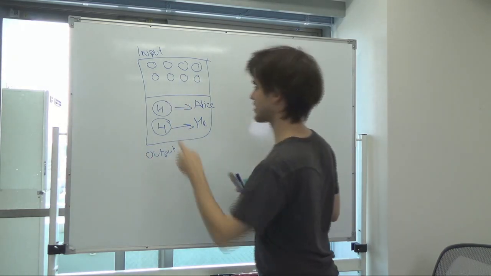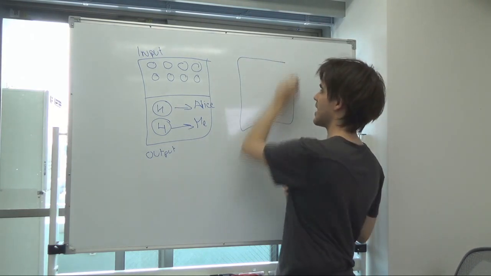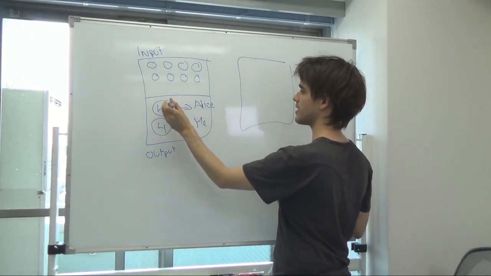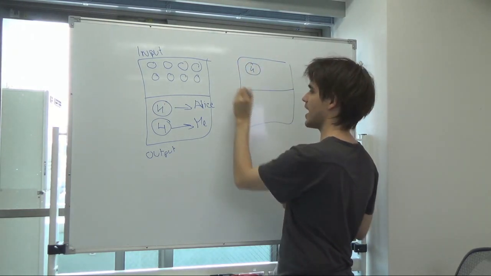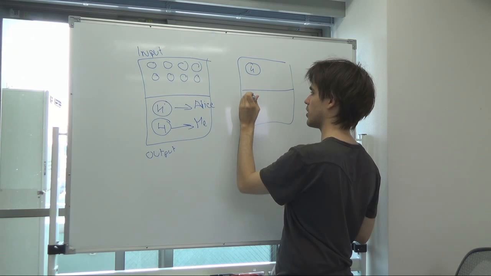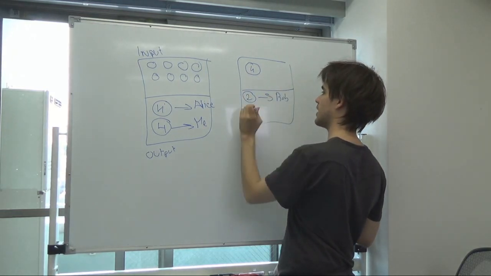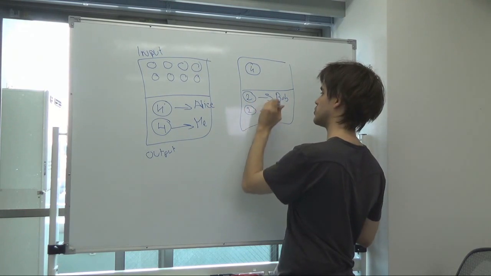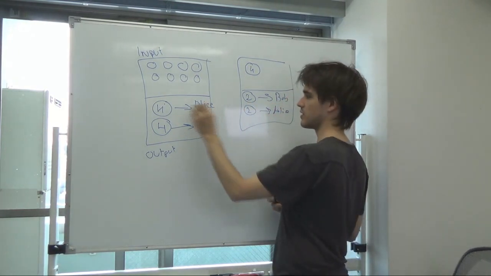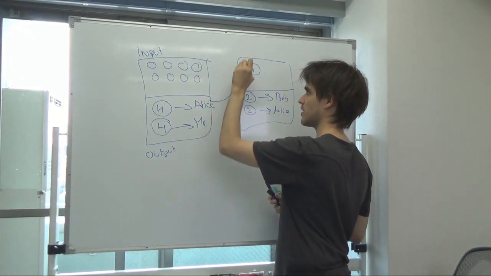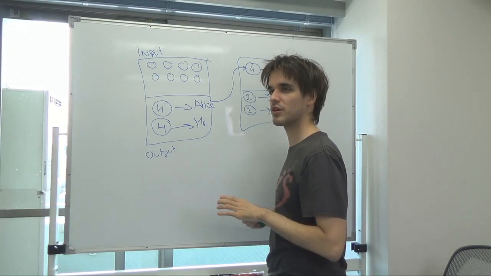So if this transaction passed, then you can do another one and say, I want to spend this one, so it's 4, and I want to send, for example, 2 to Bob, 2 to Alice. This is how the system works.